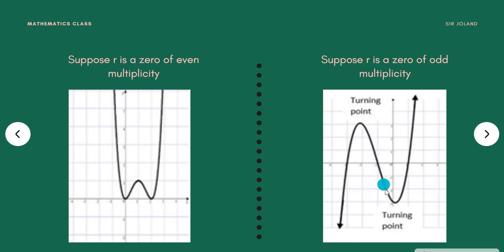Dumiretso siya pababa, papunta dito sa quadrant 3 and 4. Ayan, papunta dito sa y-axis. Oh. And then, may turning point siya dyan. Tapos dito, hindi siya nag-bounce back. No? Hindi siya nag-bounce, nag-turn pababa. Dumire-diretso lang yung ating graph. Kasi nga, yung multiplicity niya dito ay odd. So, ganun yung magiging itsura niya.